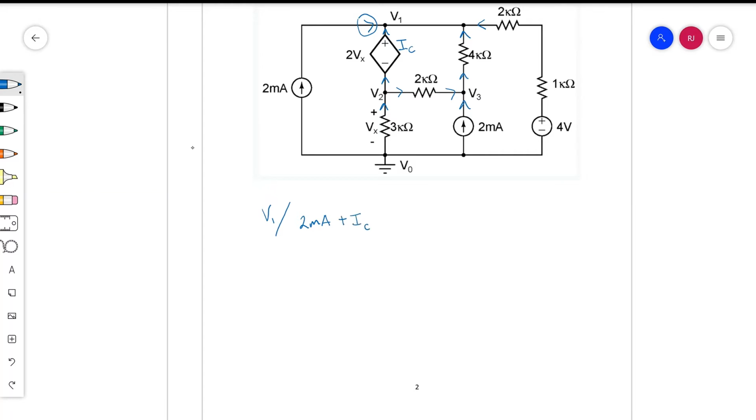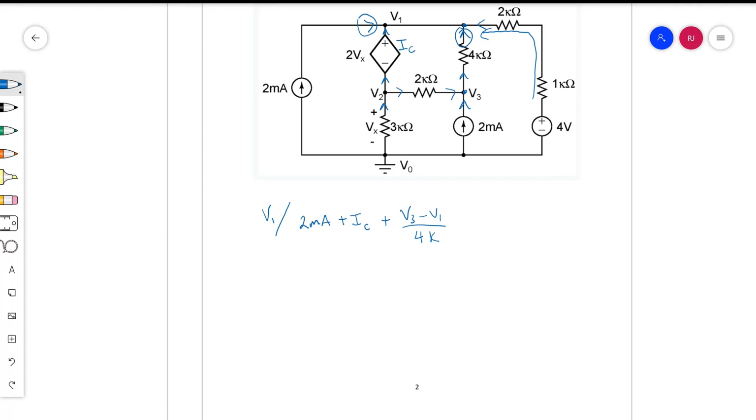Also coming into this node is the current from this 4 kilo ohm resistor, and you can characterize that current as V3 minus V1, which are the two voltages or nodes that surround this 4 kilo ohm resistor. And then you divide that delta V by the 4 kilo ohms. And then you also have the current coming from this path here, through the 1 kilo ohm as well as the 2 kilo ohms.